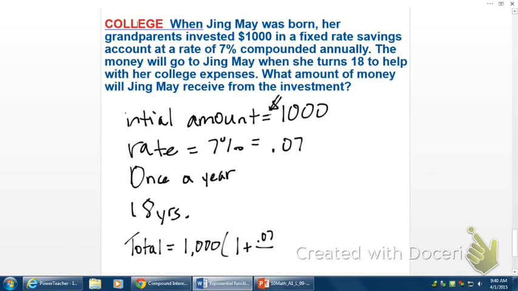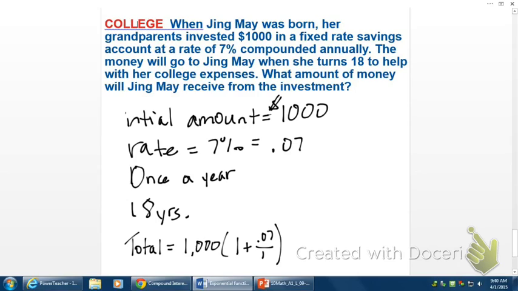Now, this is the n part, which is probably the trickier part of this formula. How many times per year is this amount being charged? Just once. Compounded annually, once a year. So we would just plug in 1. All right? Compounded annually means just once a year.